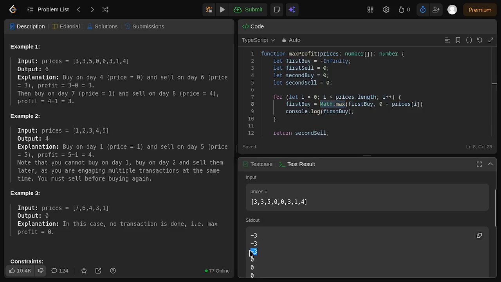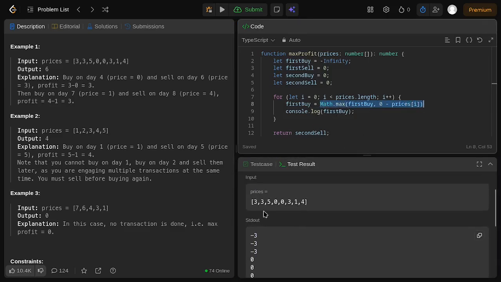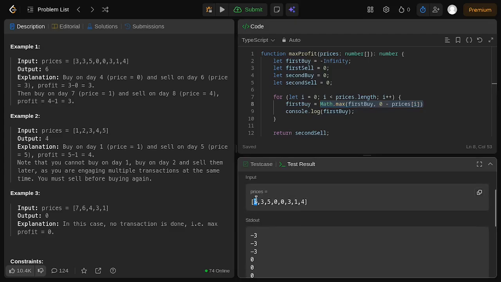So we need to get at least the minimum buying price, as low as possible. So Math.max is used right here, and that way we get negative 3 as the minimum money that we already spent.